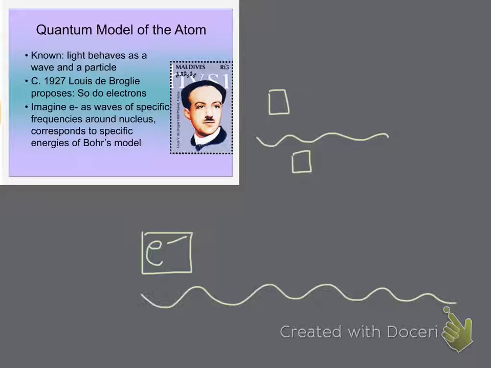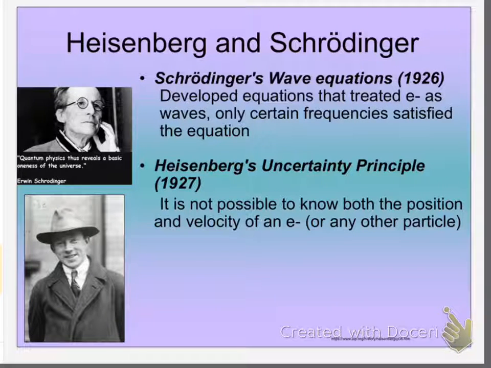This starts to explain why perhaps those electrons trapped in their energy levels don't crash into the nucleus. Now, two things happen simultaneously. What's really funny is that Erwin Schrödinger and Werner Heisenberg thought that they were in disagreement.